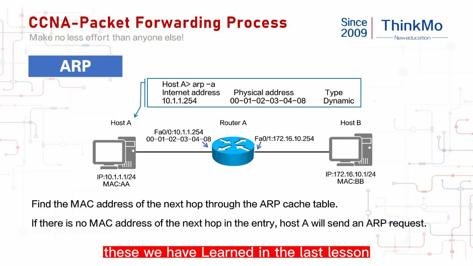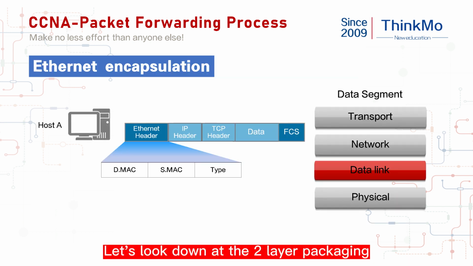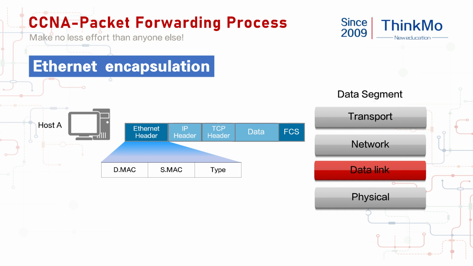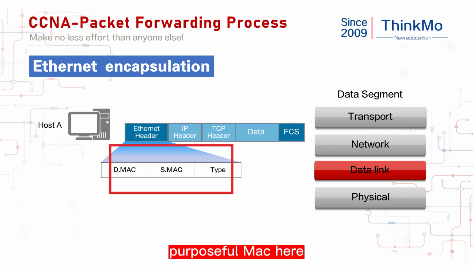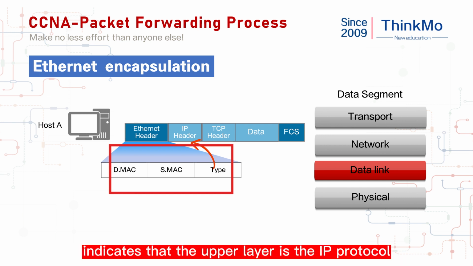These we learned in the last lesson. Let's look down at the two-layer packaging, that is, the encapsulation of Ethernet: destination MAC, source MAC, and type. There will be a field in type indicating that the upper layer is the IP protocol.